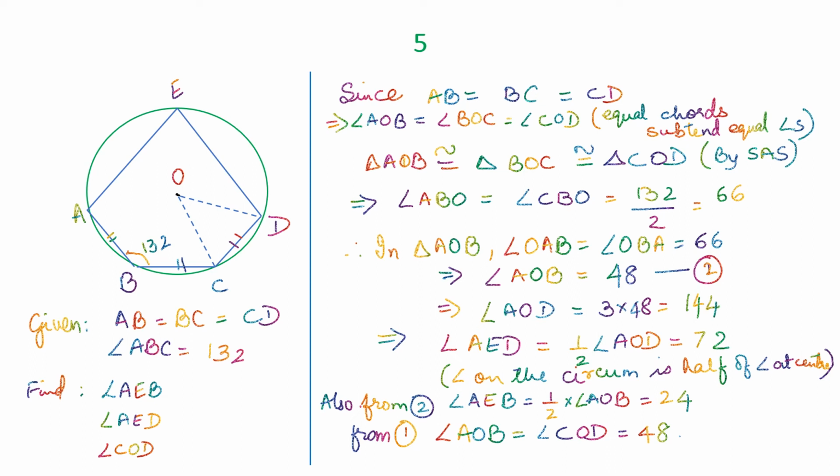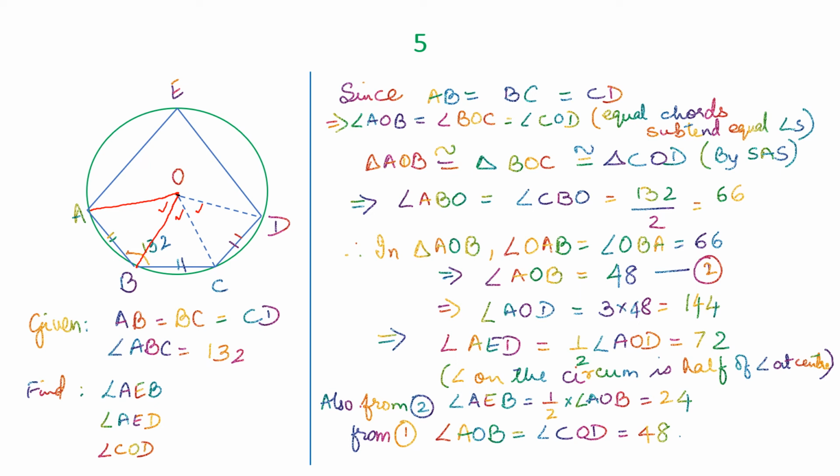So this question is a converse of what we did in the earlier question. In this question, you have equal chords, that is AB, BC and CD, which implies that angle AOB is equal to angle BOC is equal to angle COD. That is like this. These three angles are going to be equal.